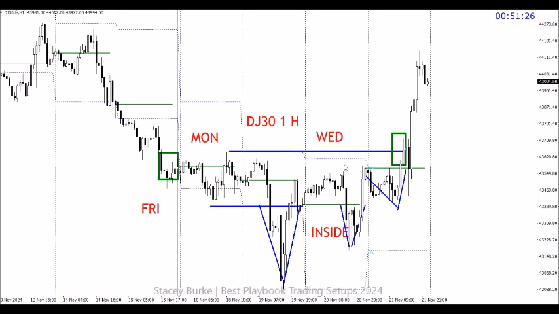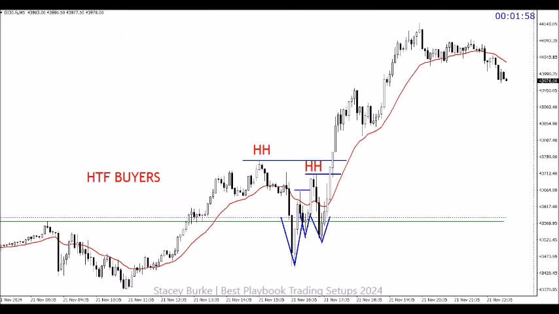We have breakout traders now triggered into the market heading into our US session. We now have a market that is potentially being driven by higher time frame buyers, higher highs dumping down into the breakout of the inside day. Remember, we have breakout traders already triggered in the market and now potentially a third hour range expansion in progress.